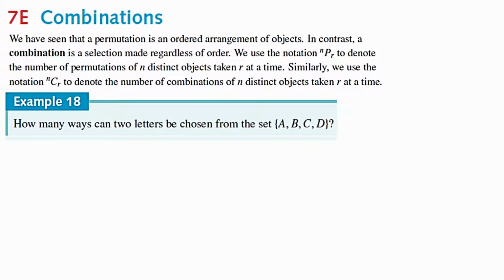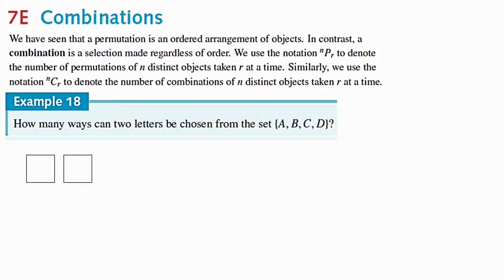Okay, so keeping that in mind, let's see how we're going to do something like this. Let's say I have, how many ways can two letters be chosen from the set A, B, C, D? So I've got four items, and I want to choose how many ways I can choose two items. Now if I've got two boxes, normally if it's permutations, meaning it does matter which letter I choose first, then you would say, well, there are four options to choose in the first one. But after I choose it, I can't choose it again.